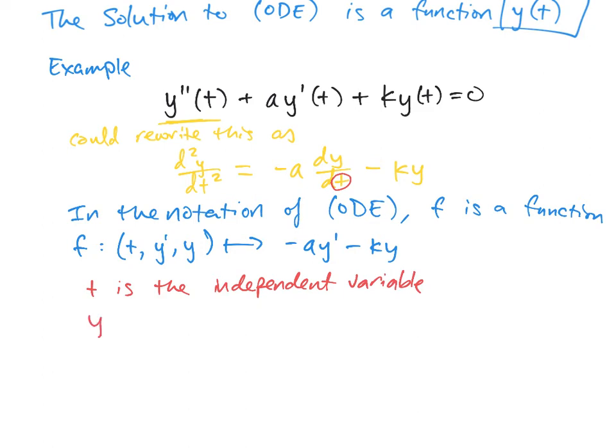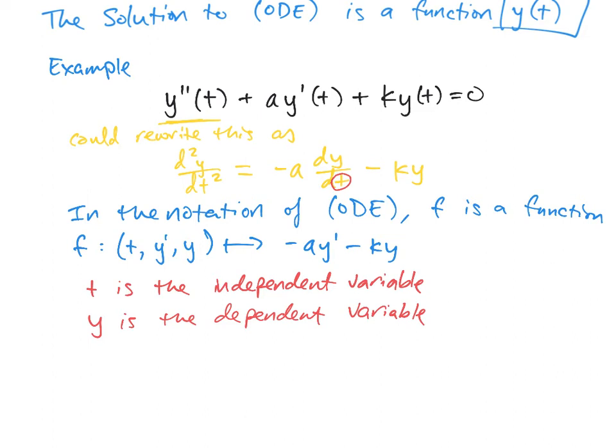And then y is the dependent variable. And it's also the thing that we're usually trying to solve for. So an interesting observation is that y is both a function and a variable. So that can be a little bit confusing.